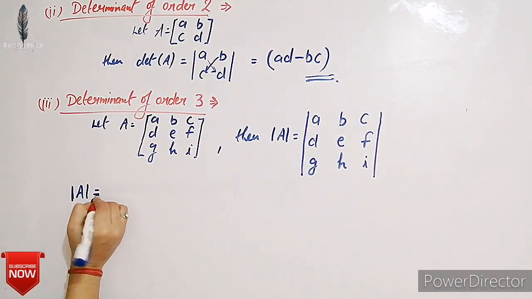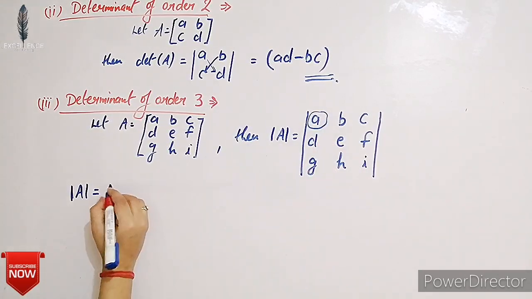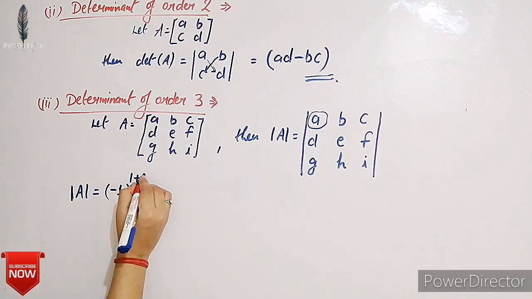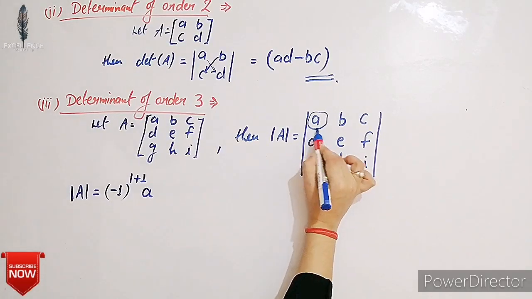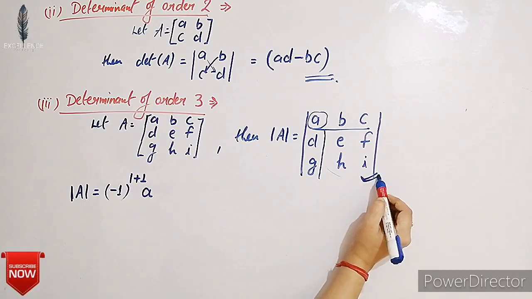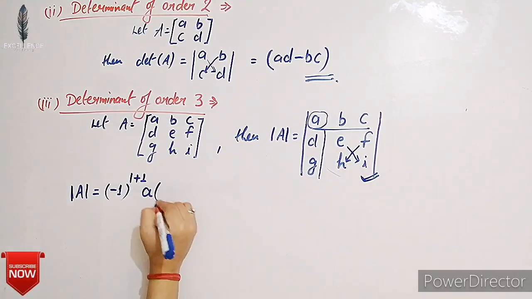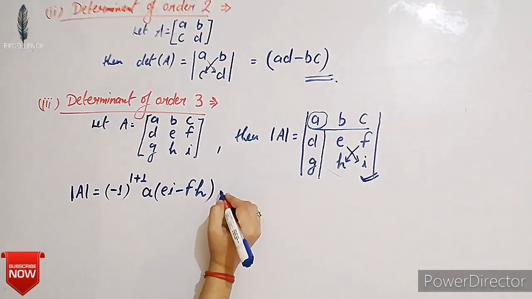So determinant of A is equal to, expanding along the first row, the first element is a, so minus 1 raised to power 1 plus 1, because it is the element a11. Now deleting the first row and first column, we get an order 2 determinant, so ei minus fh.